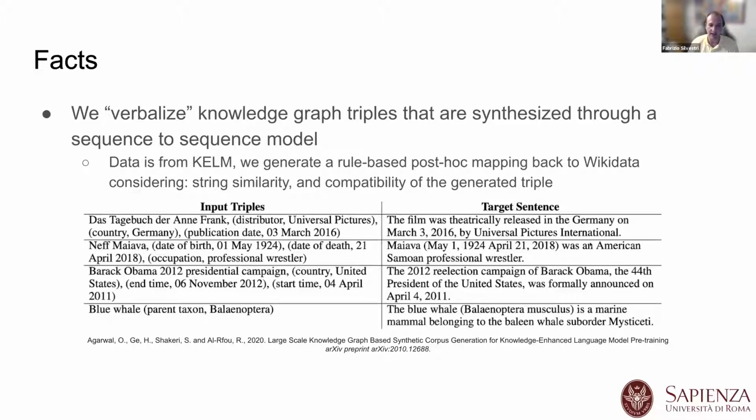Remember that the only reason why we want to go from target sentence to input triples is because we want to first build a set of facts from the input triples, but also because we want to be able to compute the correct answer.